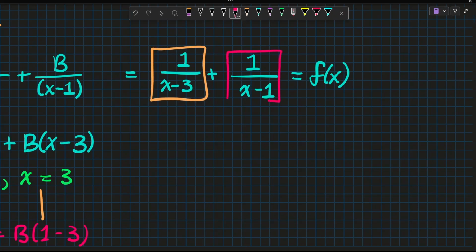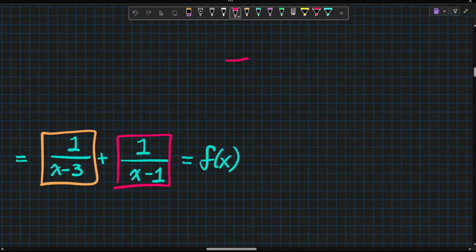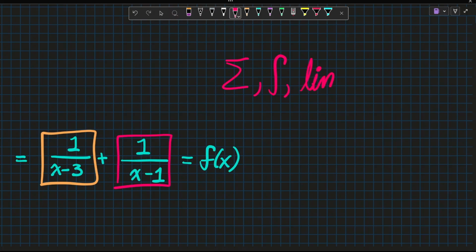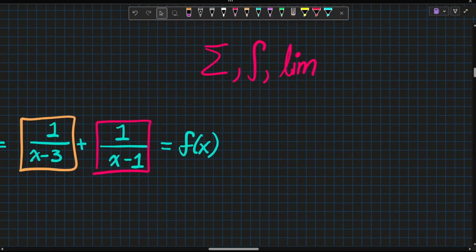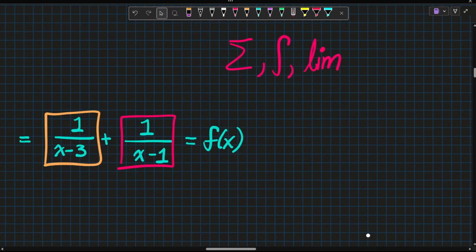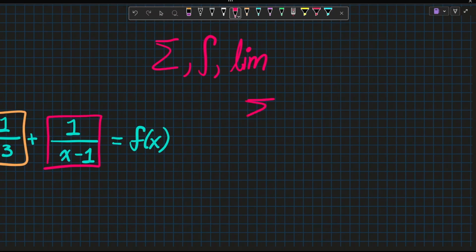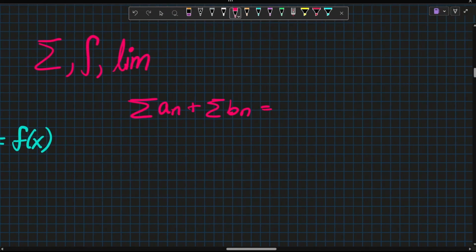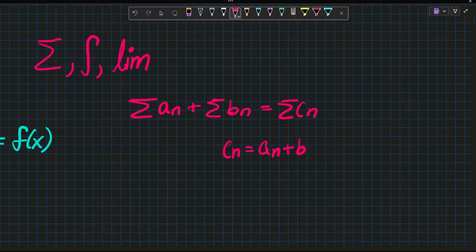Why? Because the definition of the series, along with the definition of the integral and the limit, allow us to have the sum of two terms equal a single series, which means if you have a series a of n plus the series b of n, you'll have a product series c of n, where c of n is equal to a of n plus b of n.